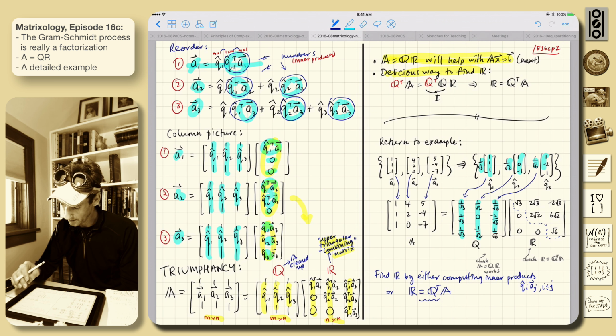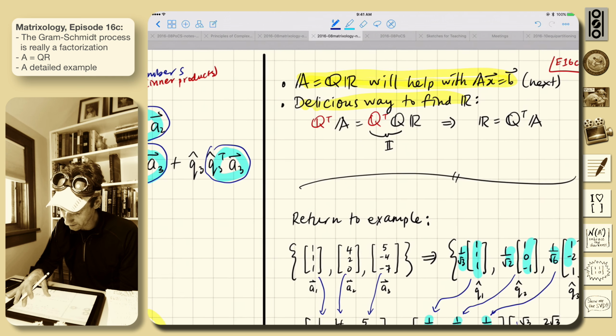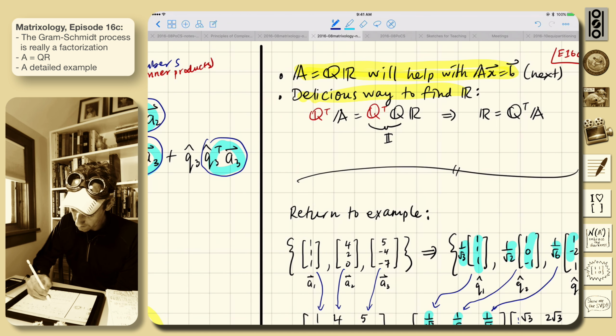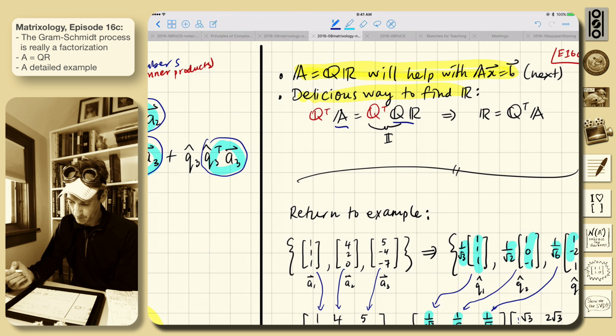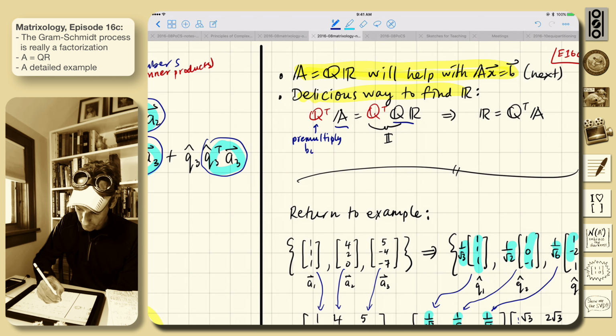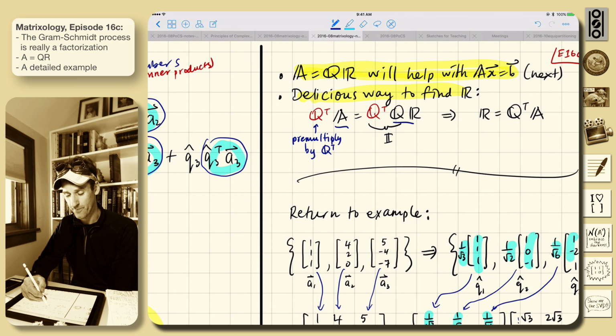So I didn't quite explain this. So this is our very nice way of doing it. So here's our formula, A equals QR. And then we're going to pre-multiply by Q transpose.